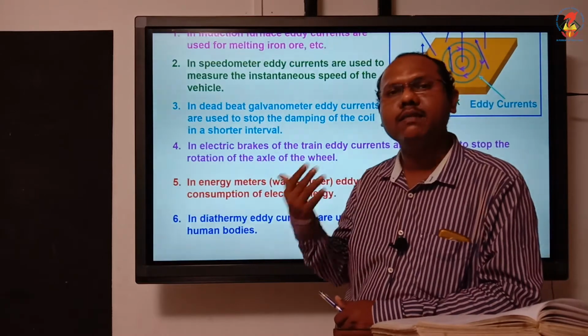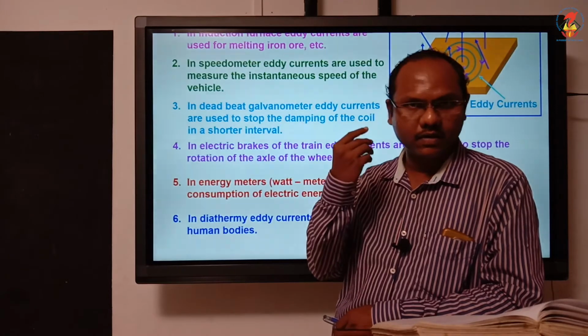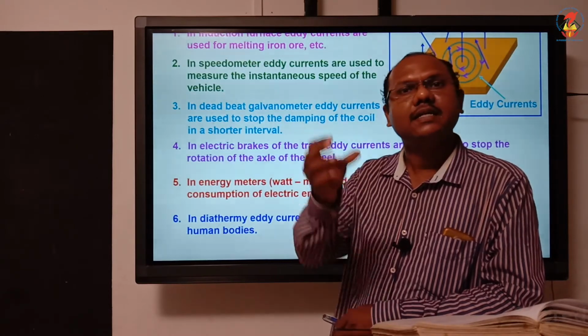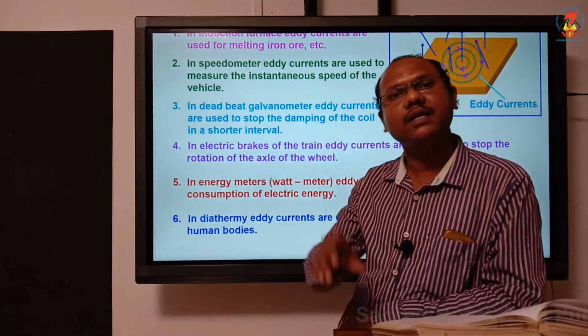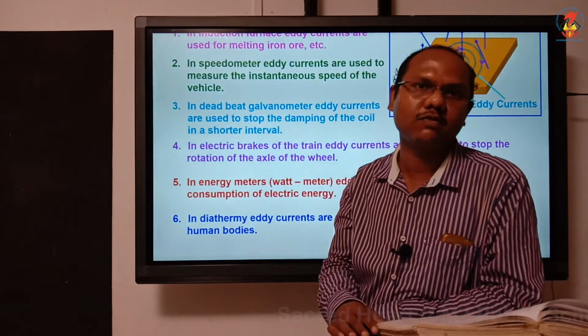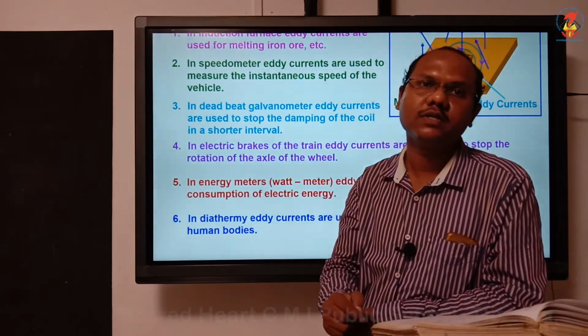So actually in the moving coil galvanometer, you remember that a soft iron core is placed inside the galvanometer on which the coil is wound. So in that soft iron core, eddy current will be formed.